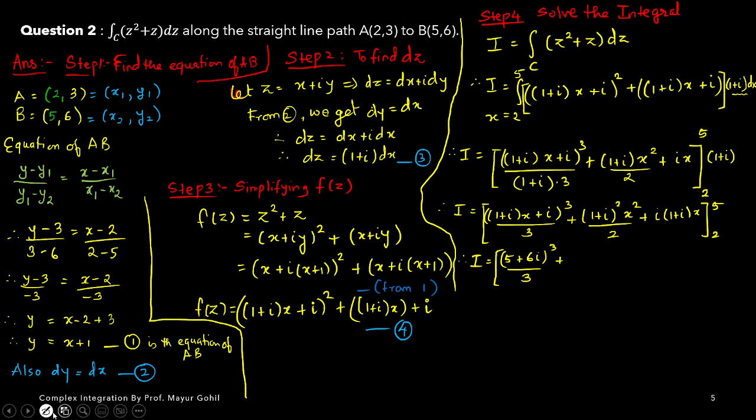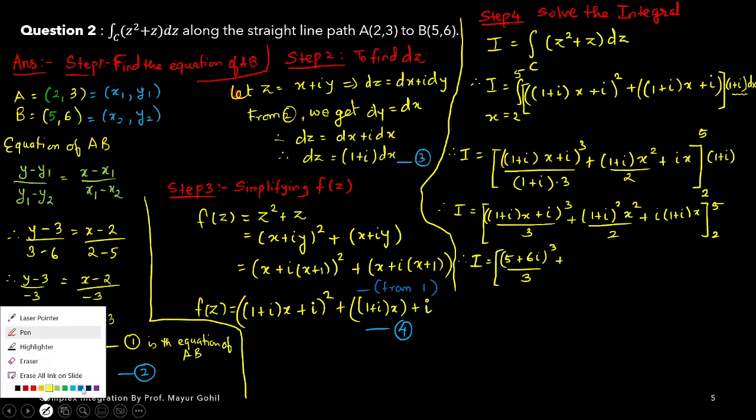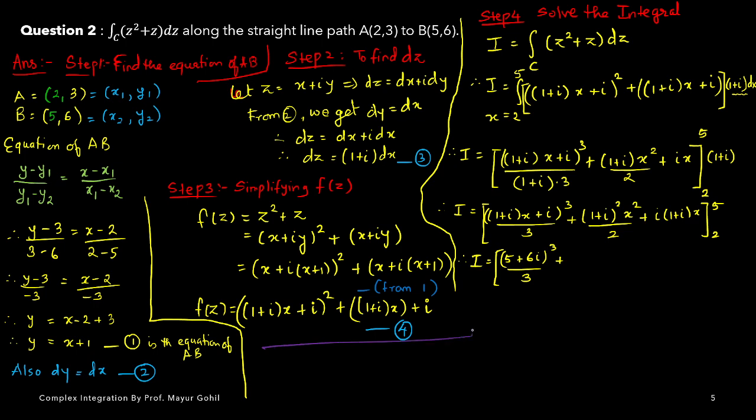If we just calculate it on the side, 1 plus I the whole square is nothing but 1 plus 2I plus I square, and that is equal to 1 plus 2I minus 1, which is 2I. So the answer over here is 2I.